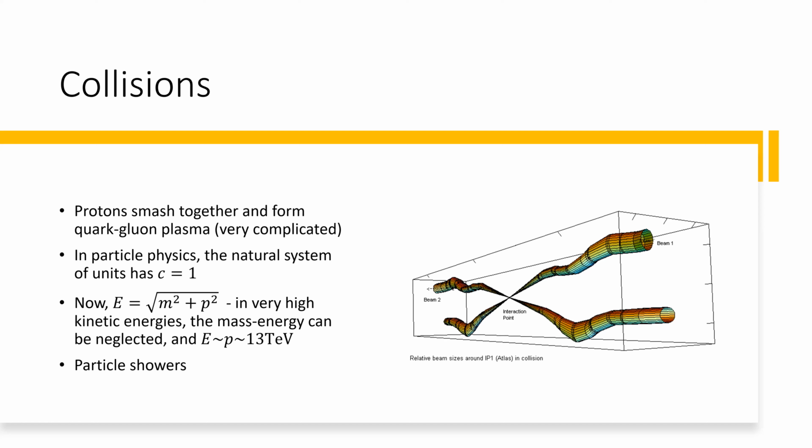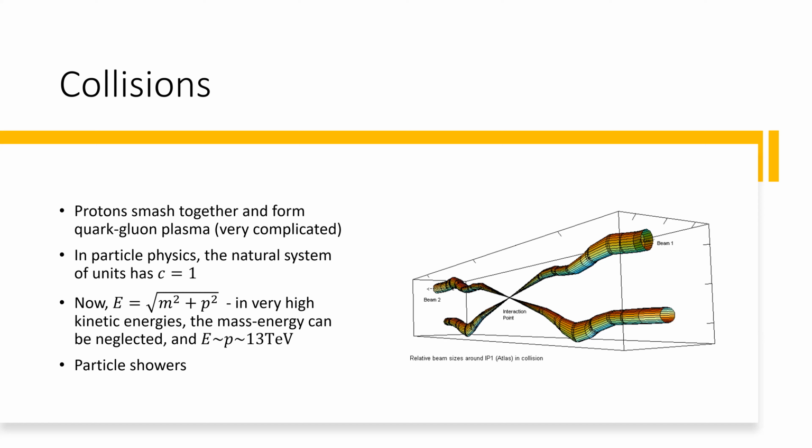In the LHC, the typical energy scale is about 13 tera electron volts, where the electron volt is a unit of energy, the work required to move one electron through a potential of 1 volt. It's very often used in particle physics. The prefix tera means 10 to the 12: kilo, mega, giga, tera.